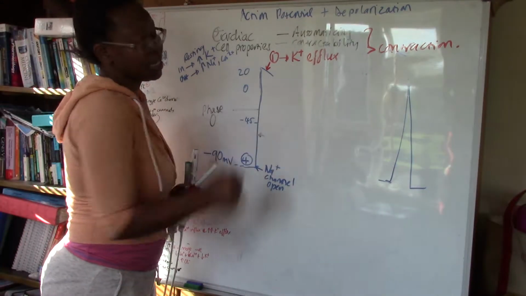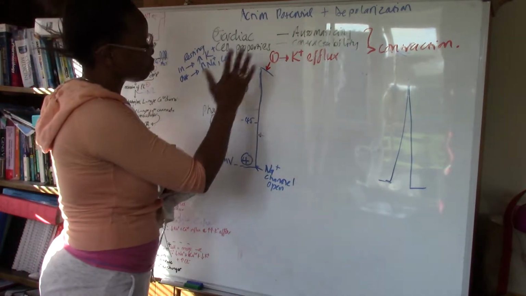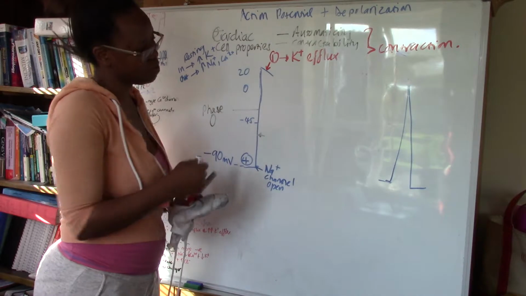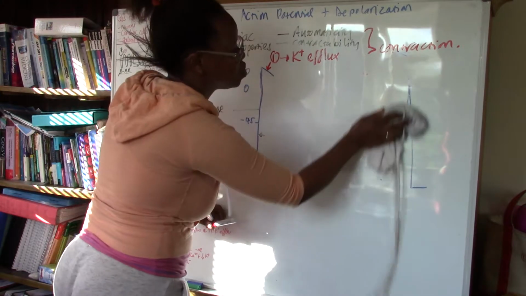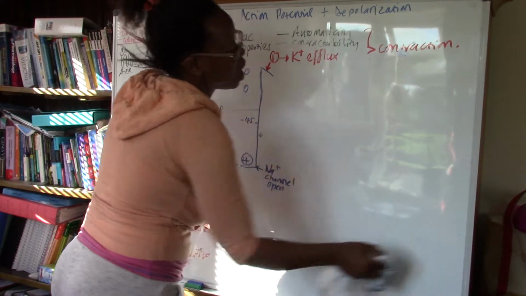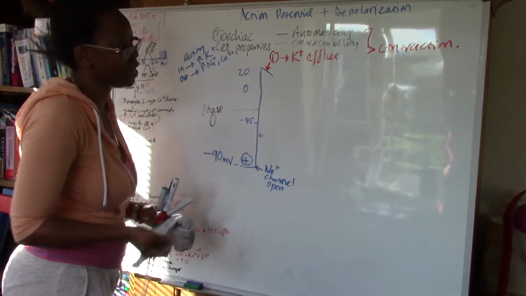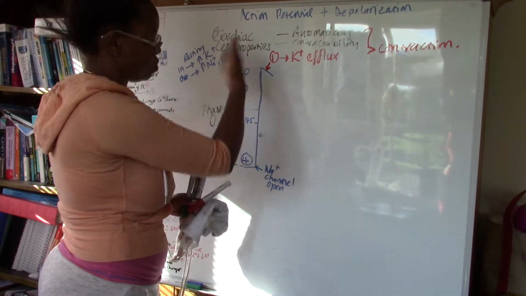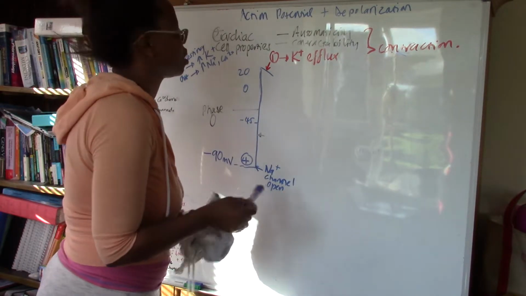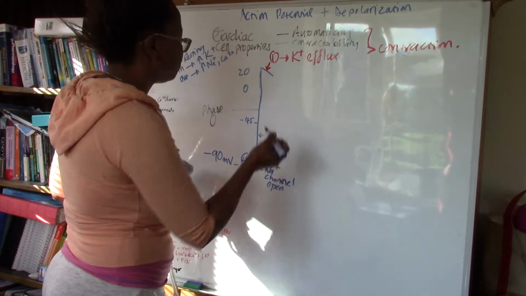And as that is happening, the cell obviously is still depolarizing to reach its absolute refractory state, so that it can then contract, being a cardiac myocyte.